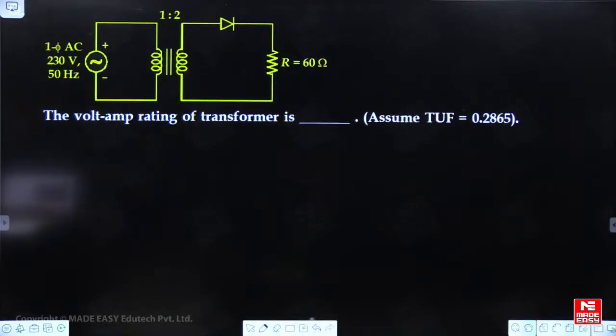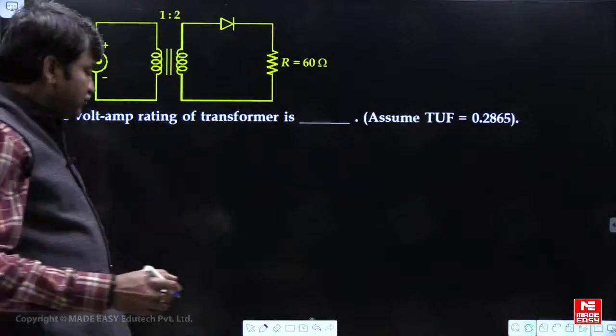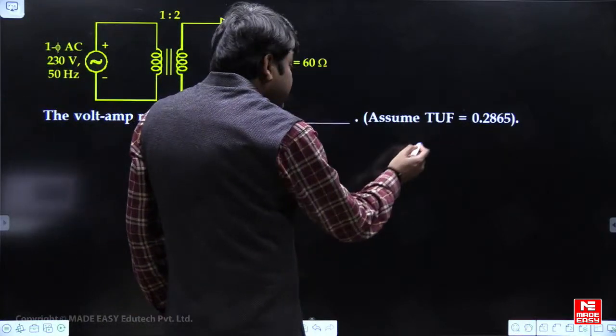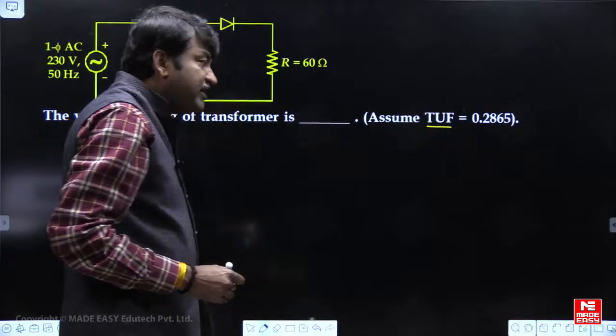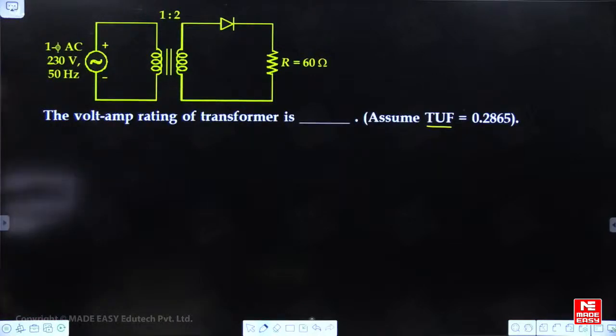TUF means transformer utilization factor. For the half wave rectifier shown in the figure, it is 0.2865. We have to find out the volt ampere rating of the transformer.